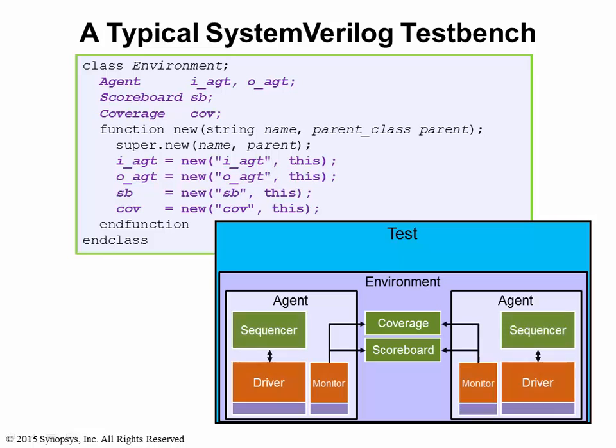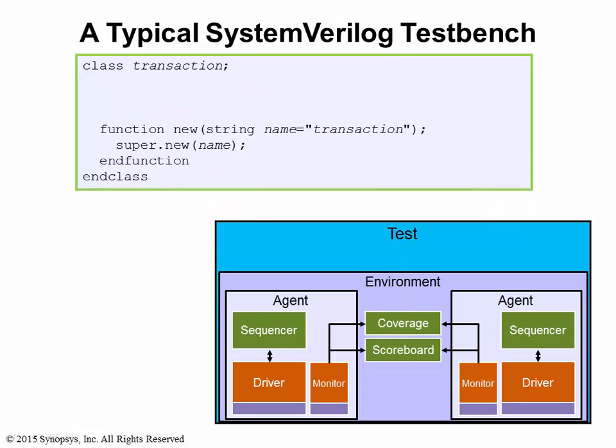Similarly, each agent would also construct its own children. Along the way, a unique identity is established for each object. For example, if the test is called uvm_desktop, then the path to the input agent is uvm_desktop.env.i_agt.